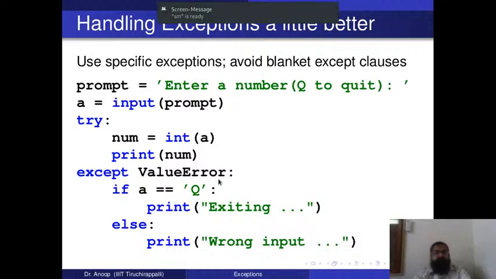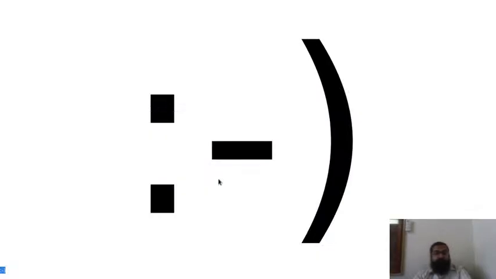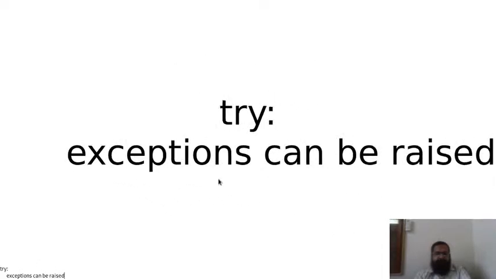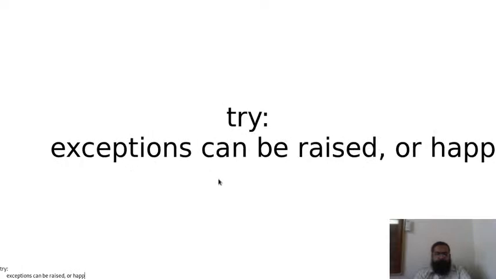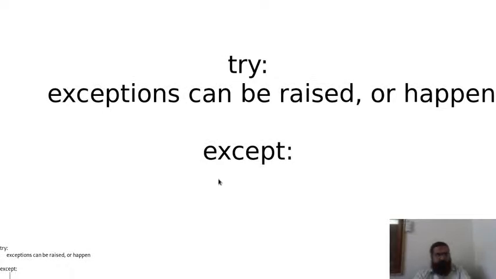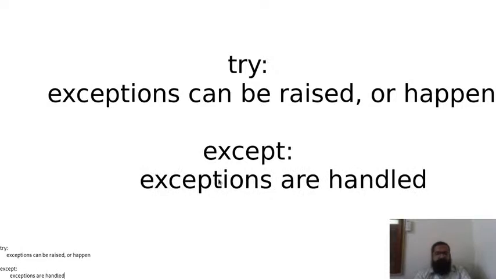So this is a try block where exceptions can be raised or happen, and then the except block is where exceptions are handled.